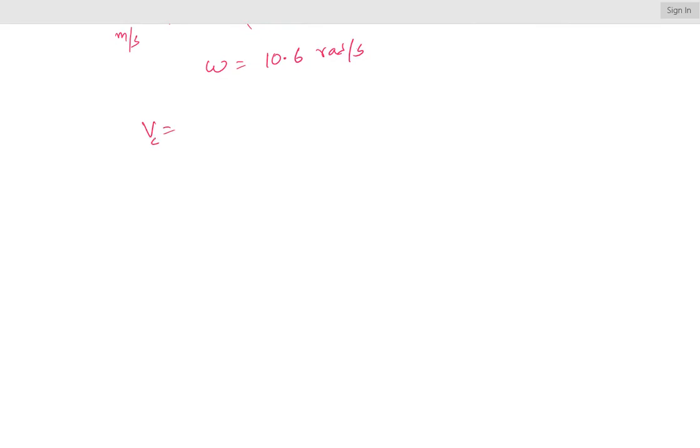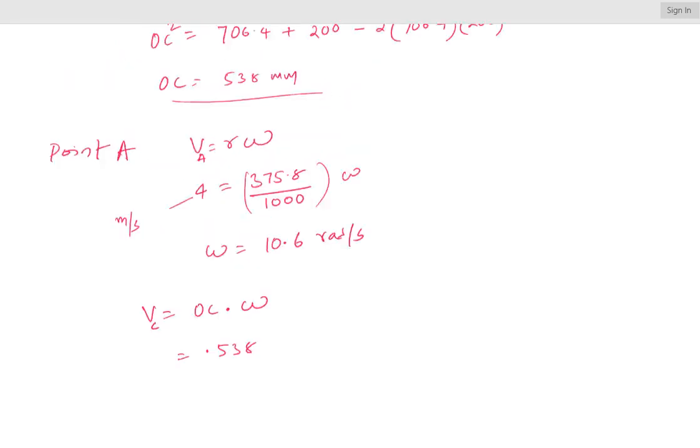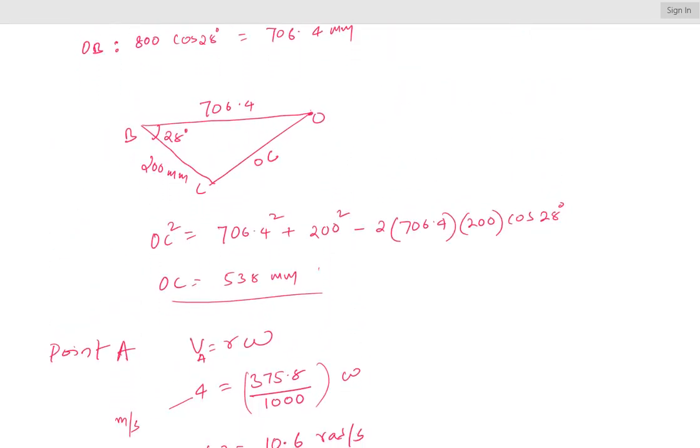We take this omega, and VC equals OC times omega. OC is 0.538, which is what we got, converting that to meters, times omega of 10.6, so we get 5.7 meters per second.